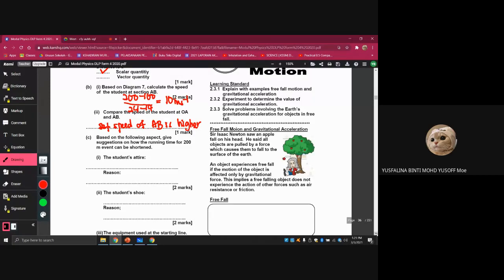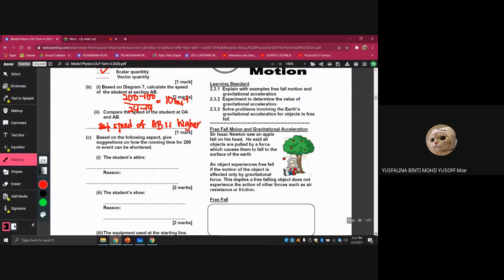But actually you have to describe the characteristic. Usually they wear light clothes, right? Light material, or tight, right? So it will decrease the frictional air.